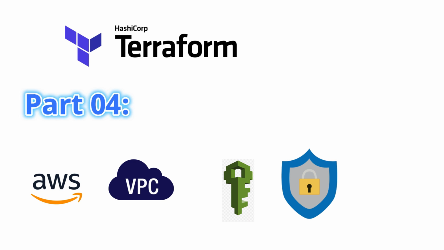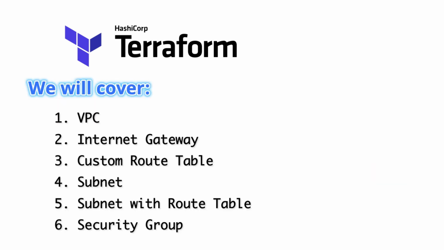By the end of this video, you will have a solid understanding of creating a VPC with subnet, security group, and EC2 instance using Terraform. Let's begin by discussing the project outline. First of all, we will create a VPC, then we will create an internet gateway.